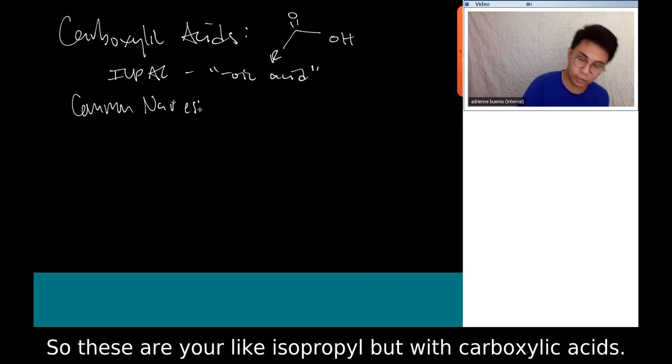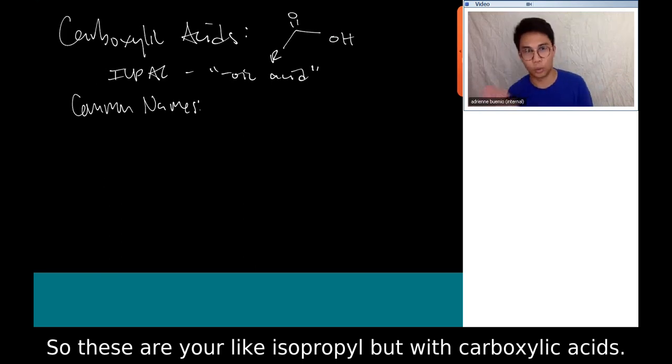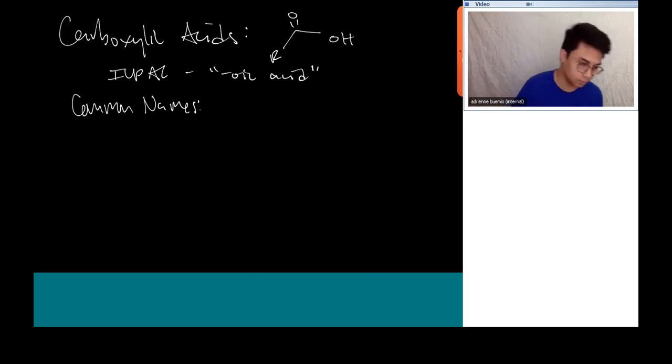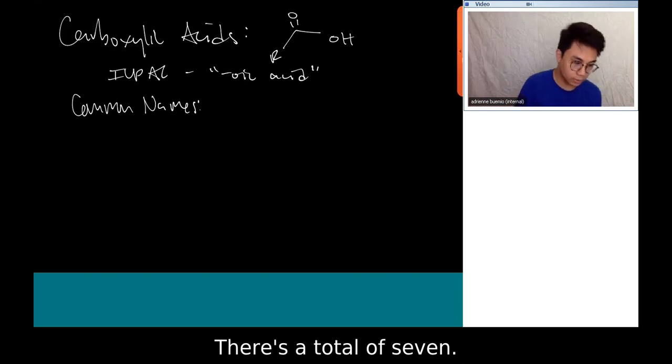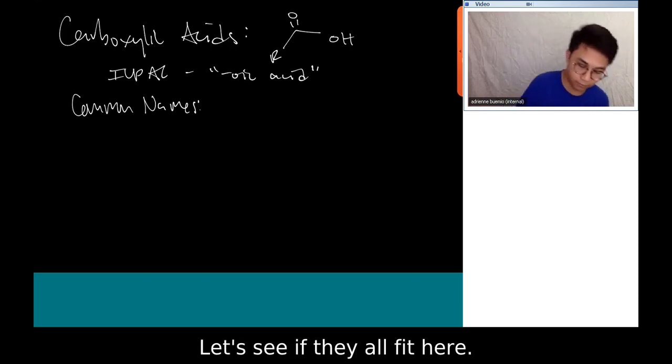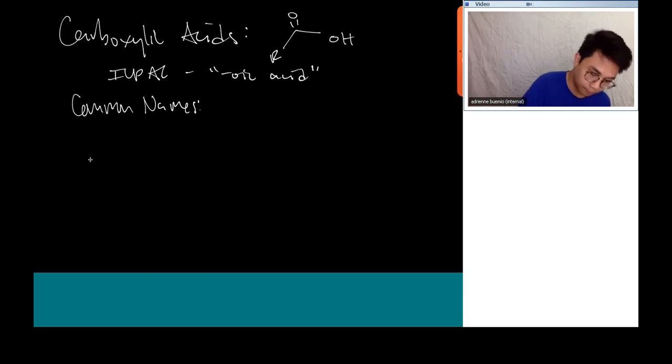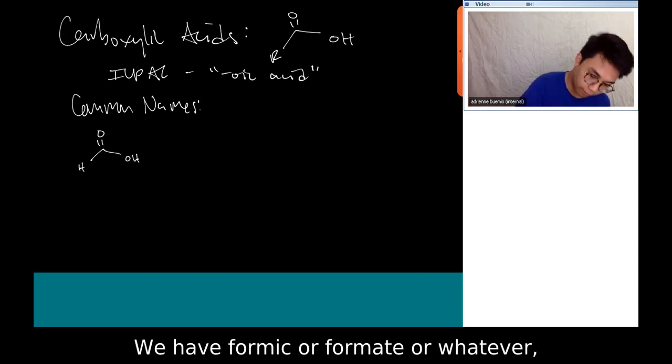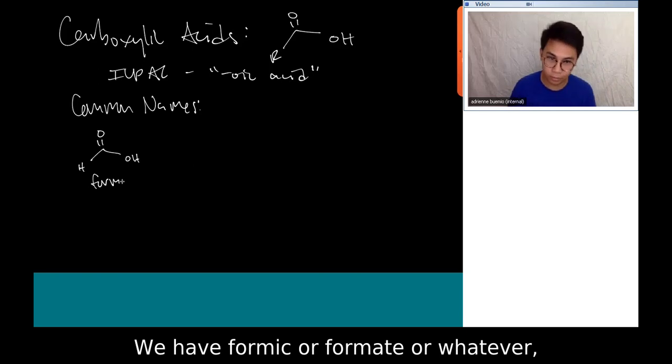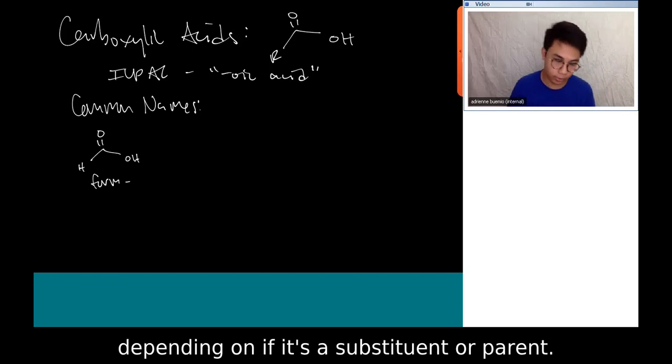So these are like isopropyl, but with carboxylic acids, right? There's a total of 1, 2, 3, 4, 5, 6, 7. Let's see if they all fit here. We have formic, or formate, depending on if it's a substituent or the parent, right?